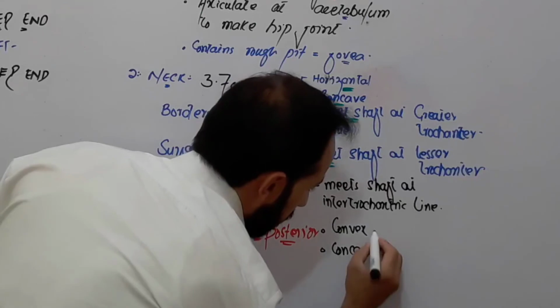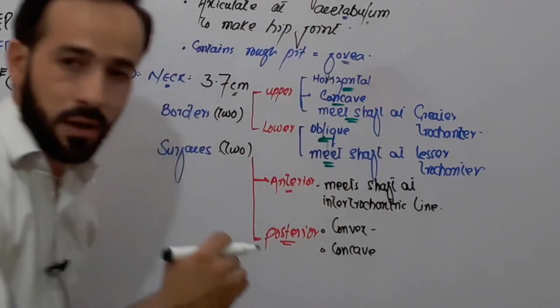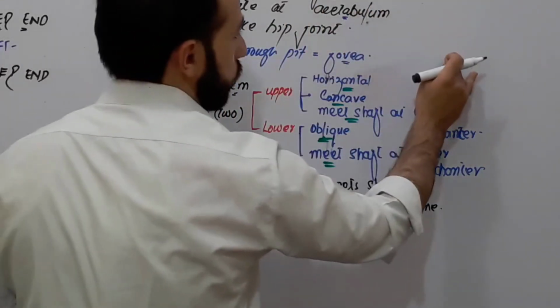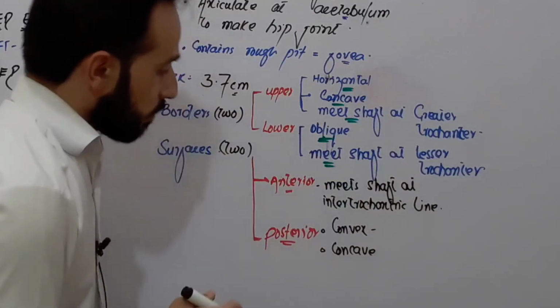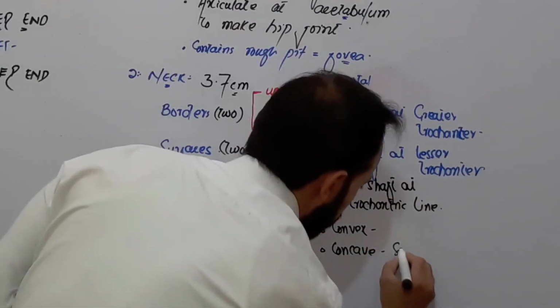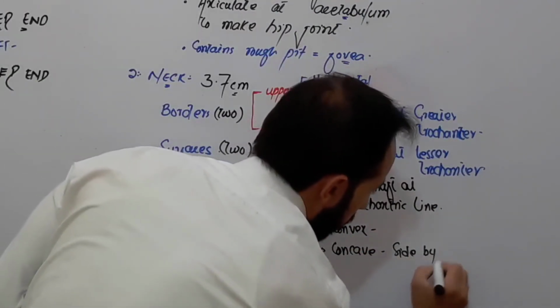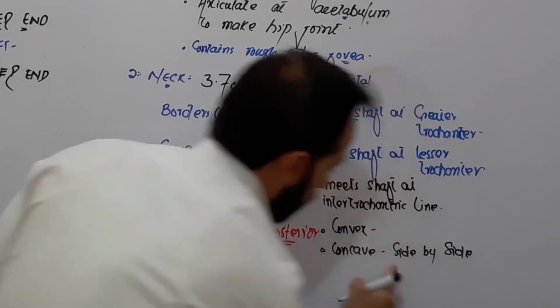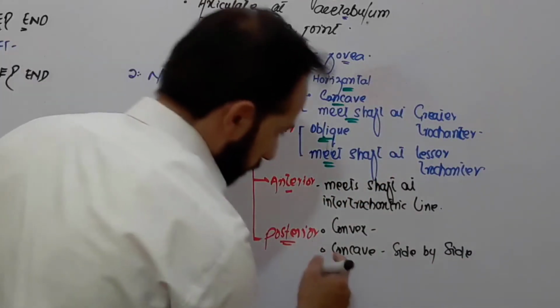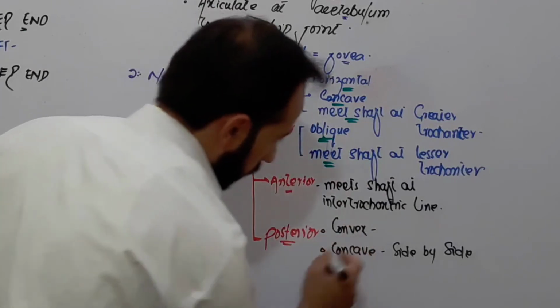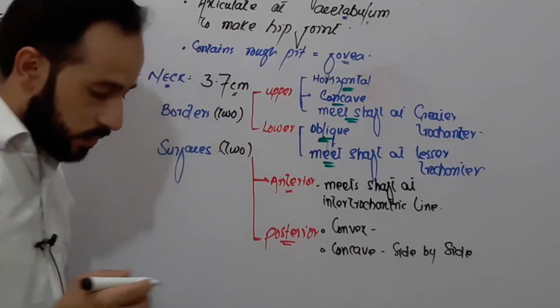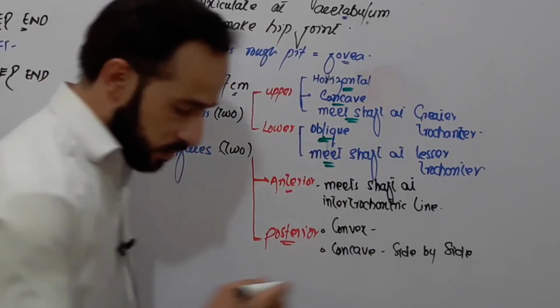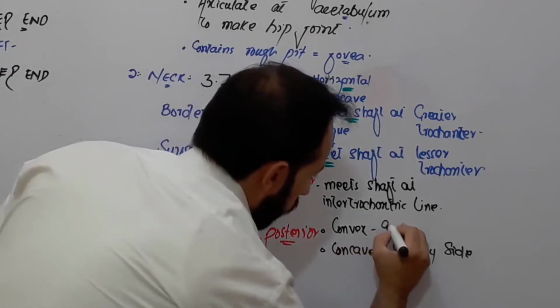If you go from upper part to lower part, it is convex, but if you watch it side by side, it is concave, right? We say that it is convex from above downwards.